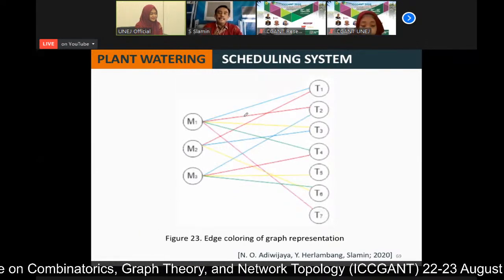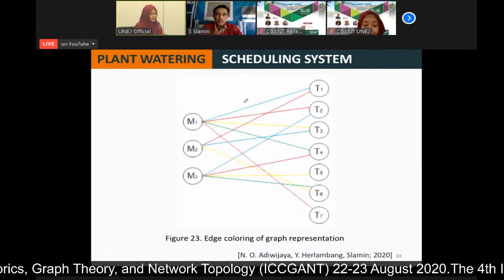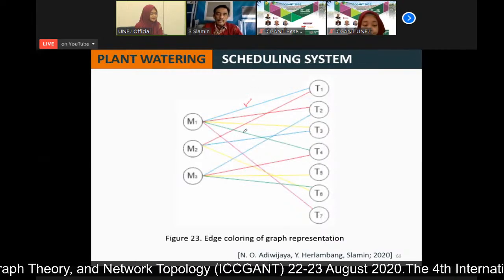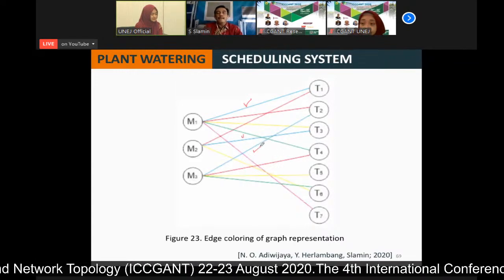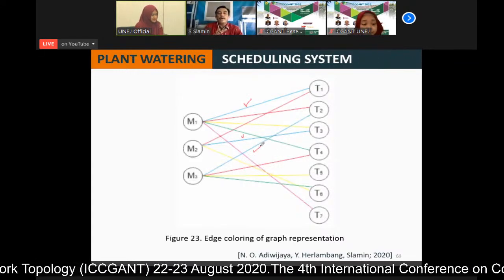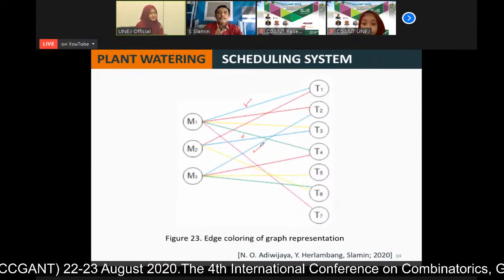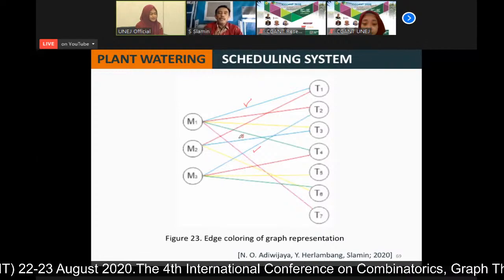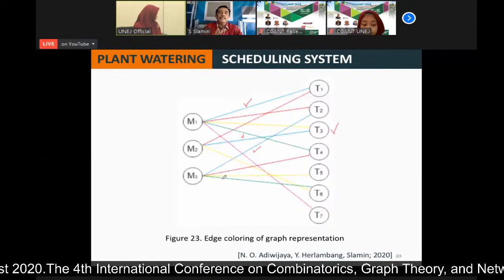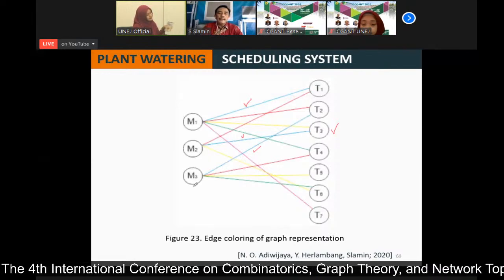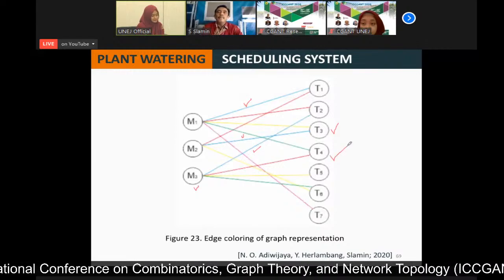You can see here, the blue color means that at the same time car one can water plant 1, and car 2 can water plant 3, and car 3 can water plant 4.